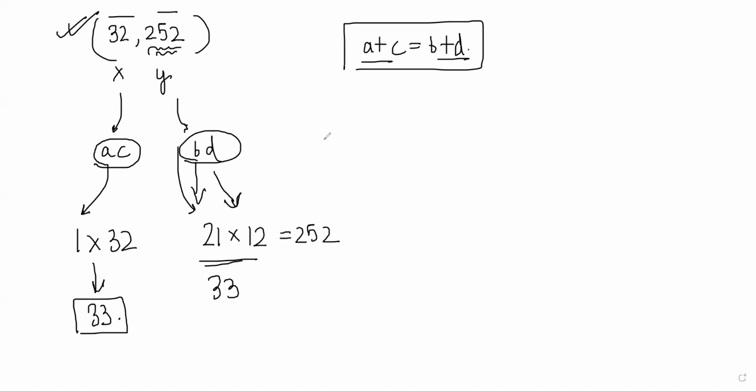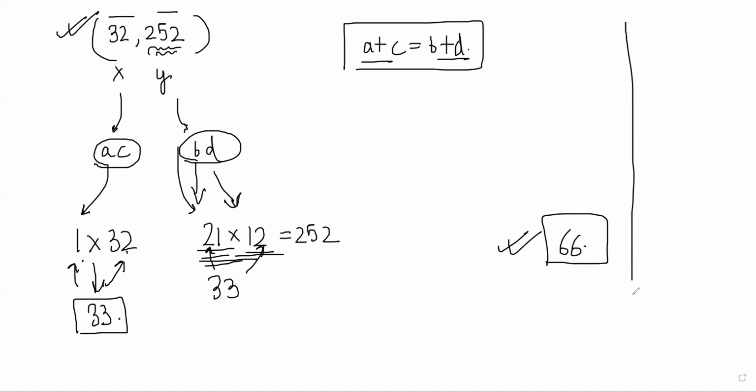If you do all of this, then you end up getting possible values of A, B, C, D. For example, A was coming as 1, C was 32, B and D were 21 and 12. So the perimeter in this case would be 32 plus 1, 33, plus 12, 45, plus 21, 66, right? So this is a possible perimeter.